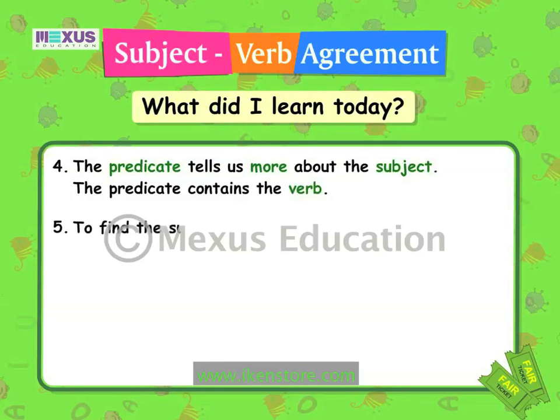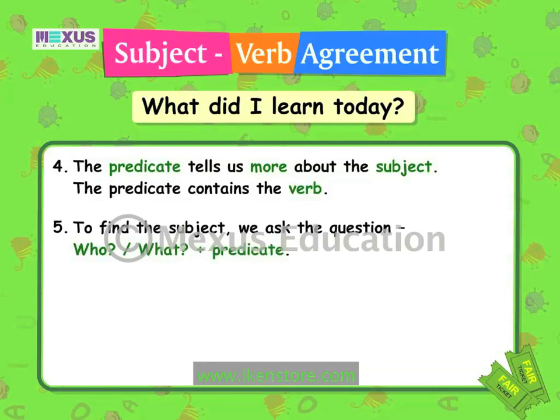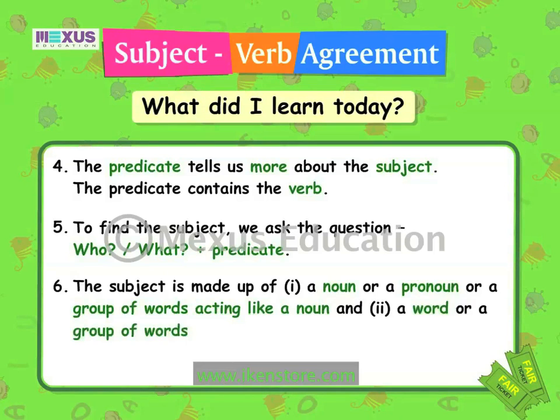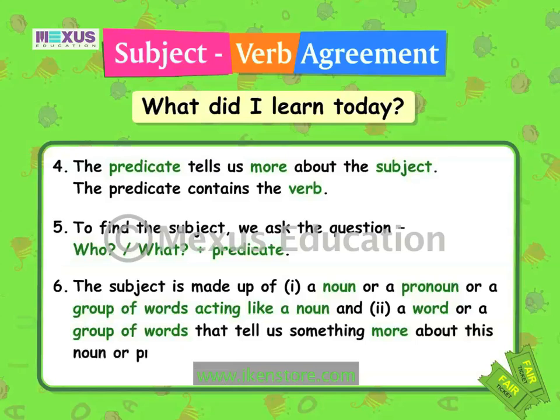To find the subject, we ask the question who or what and the predicate. The subject is made up of a noun or a pronoun or a group of words acting like a noun, and a word or a group of words that tell us something more about this noun or pronoun or group of words acting like a noun.